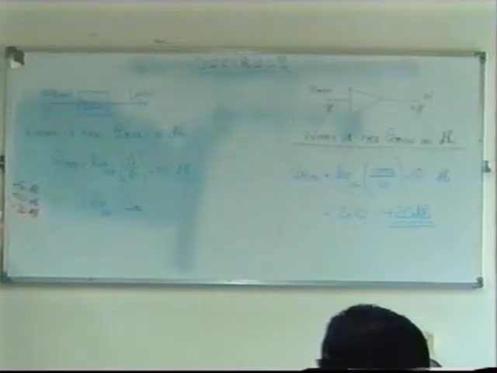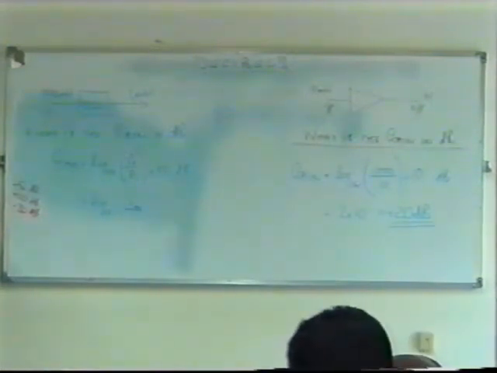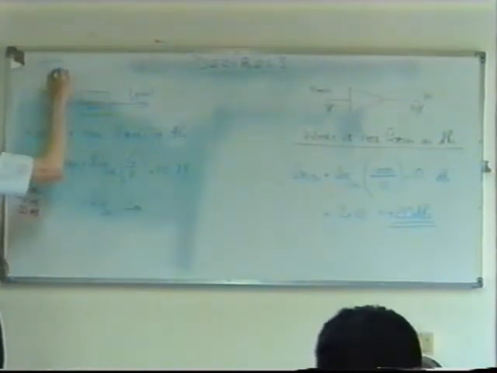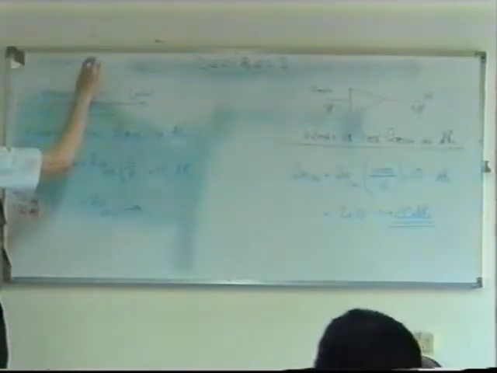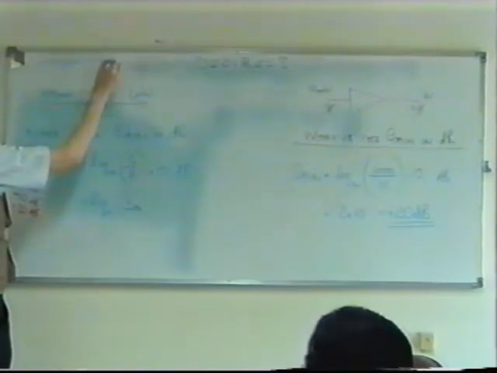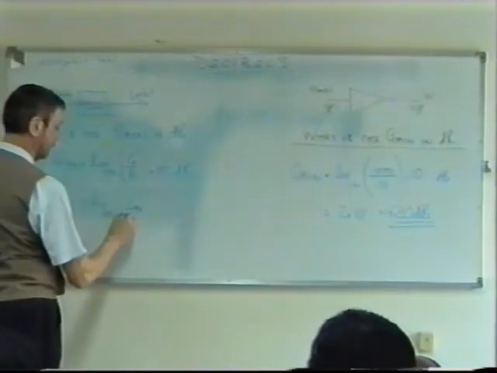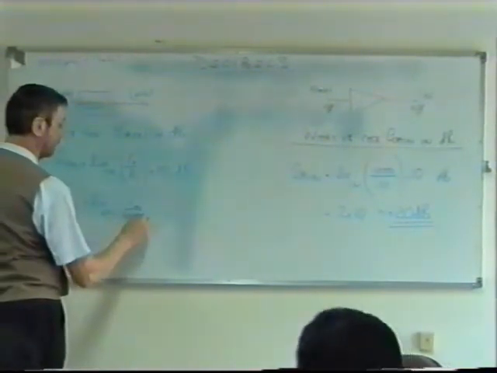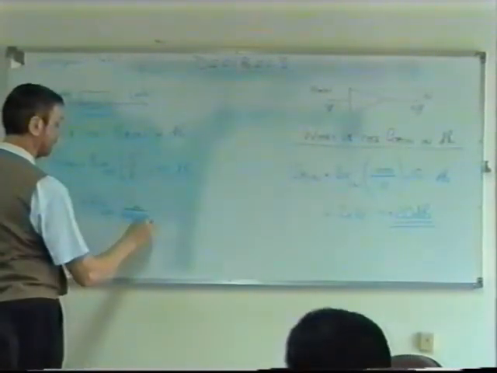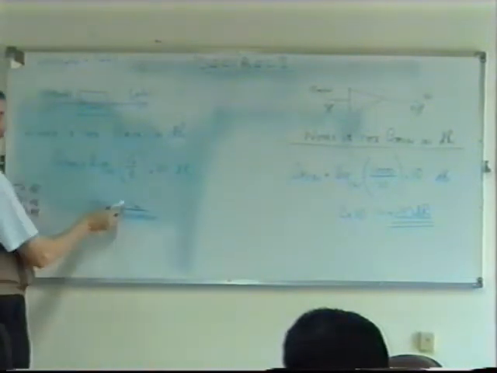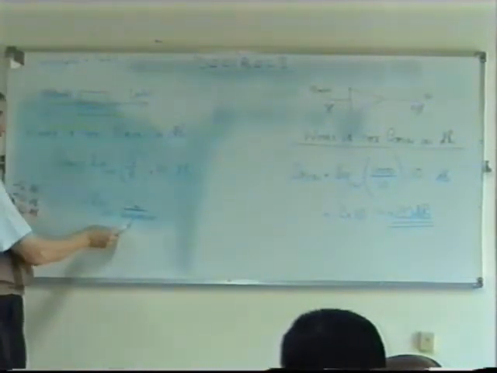Anybody not sure about that? What I'm saying is 1,000 microwatts is equal to 1 milliwatt. So 100 milliwatts is 100,000, isn't it? I'll put it in figures here. So 1 microwatt divided by 100,000 microwatts.